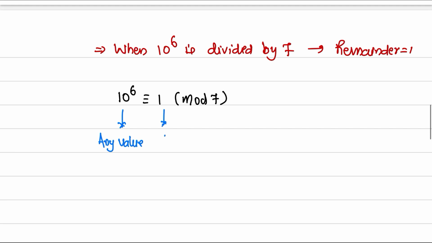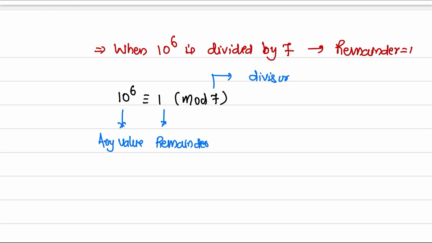This is remainder. Sorry, the spelling of remainder is remainder. 10 to the power of 6 is divided by 7. Division.